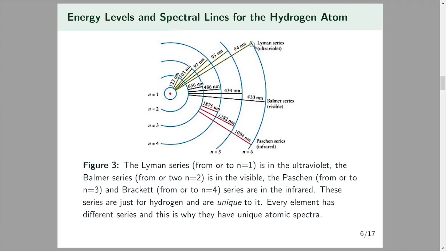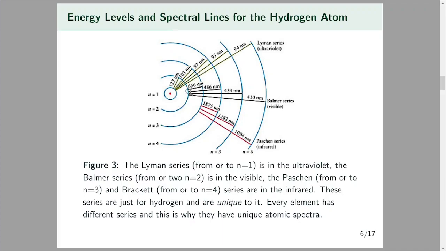And so it turns out that the Lyman series, this is only for a hydrogen atom, by the way. A helium atom or any other atom would have a completely different set of these wavelengths. These wavelengths correspond to the wavelength of a photon that would be emitted or absorbed for a transition from n equals 1 to whichever one of these levels we're talking about.